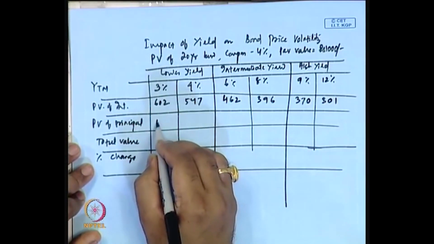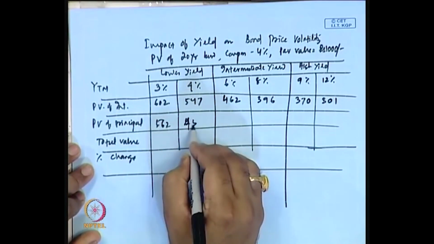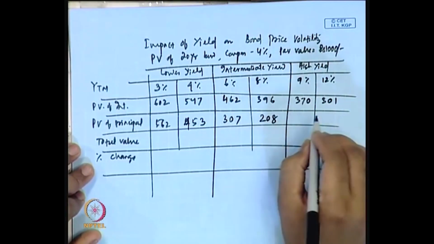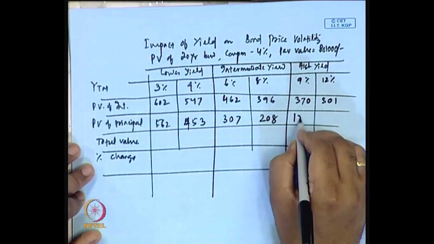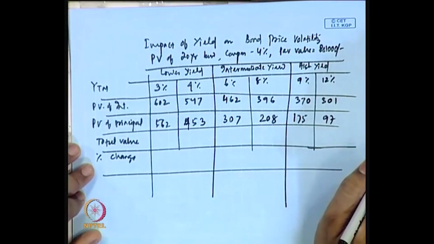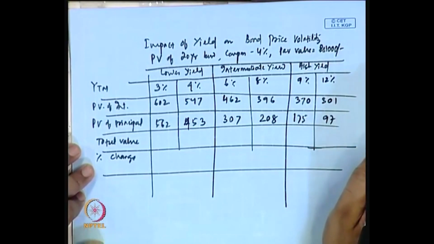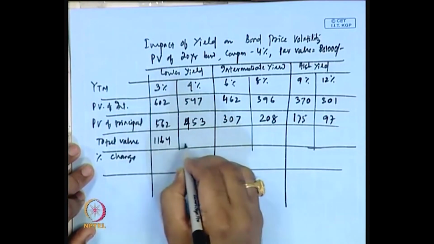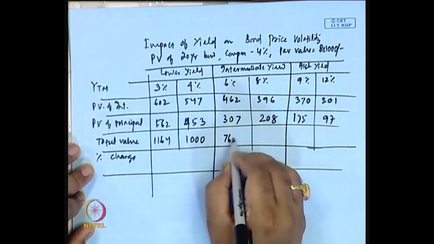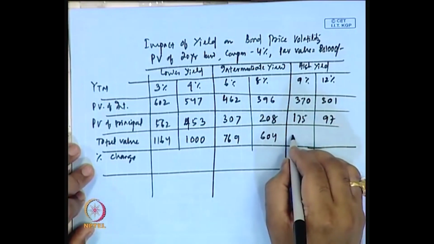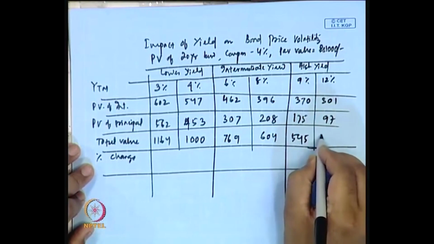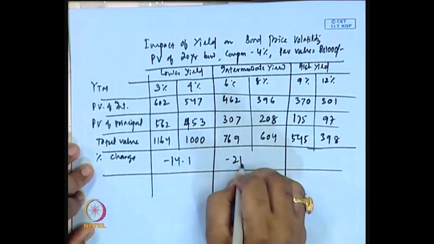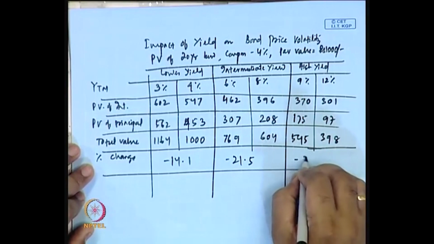Then present value of principal 562, 453, this will be your 307, this will be your 208, this will be your 175, this will be 197. Then the total will be 1164, this will be 1000, this will be 769, this will be 604, this will be your 545, this will be 398, then percentage change is 14.1, this is your minus 21.5, this is your minus 27.